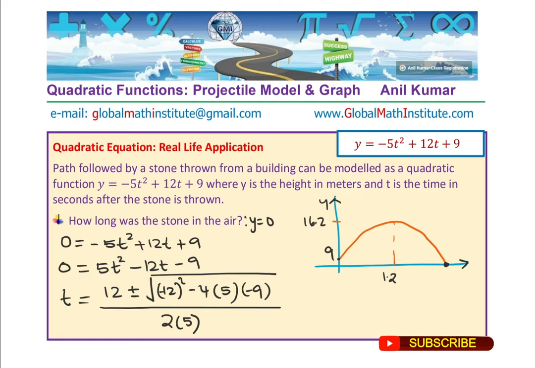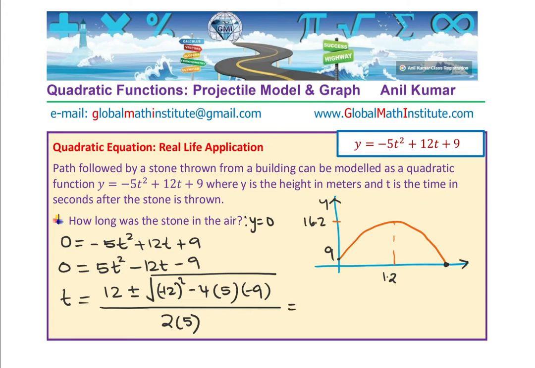Let's calculate this value using the calculator. So let's calculate the radical, which is 12 square. Minus and minus becomes plus 4 times 5 times 9. And we get 324, whose square root is 18.